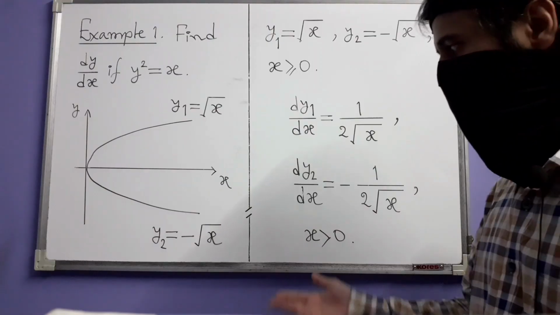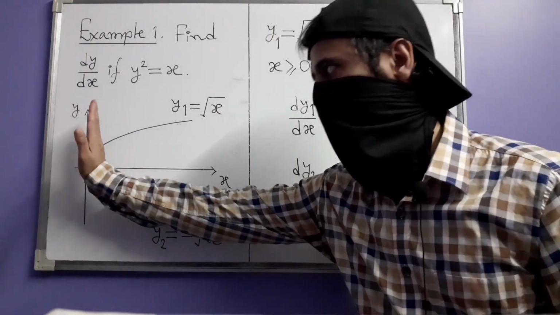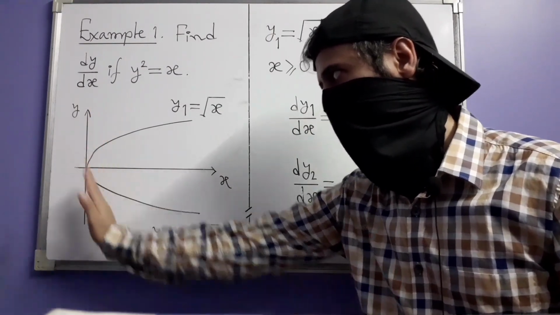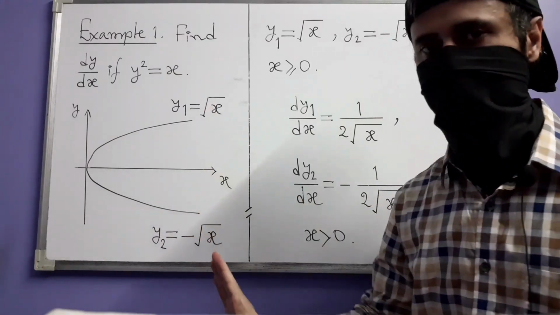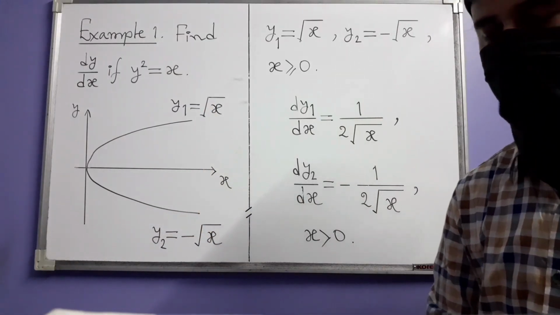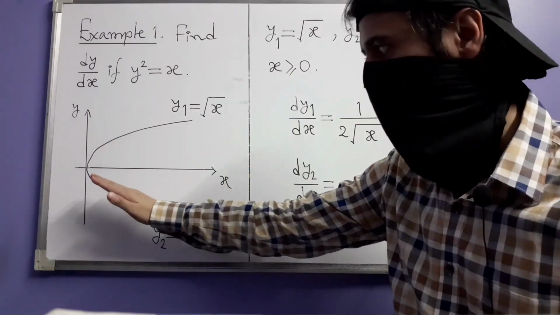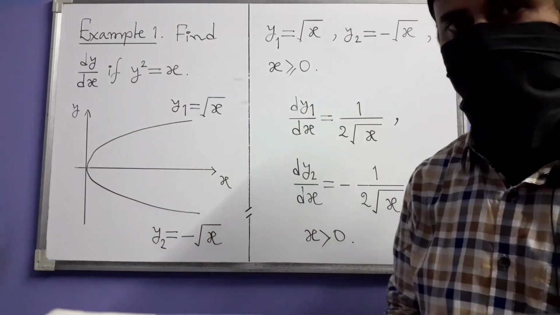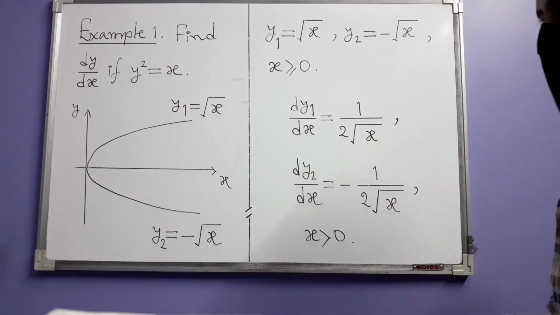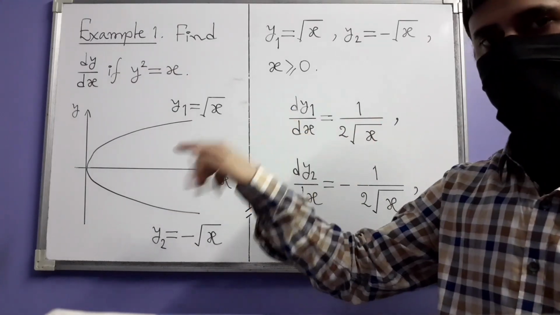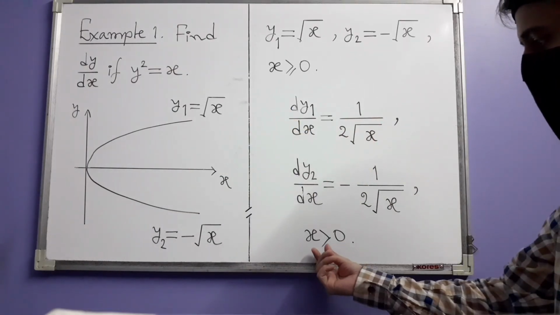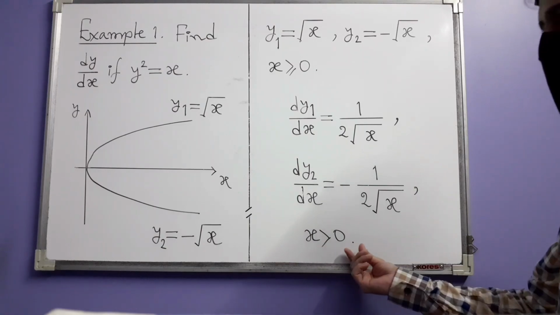And geometrically also it makes sense because the tangent to this curve at the origin exists, but it is vertical. So slope is infinite. Tangent exists at every point, but that is the only point where the slope is infinite. So that's why we need x to be greater than 0 here.